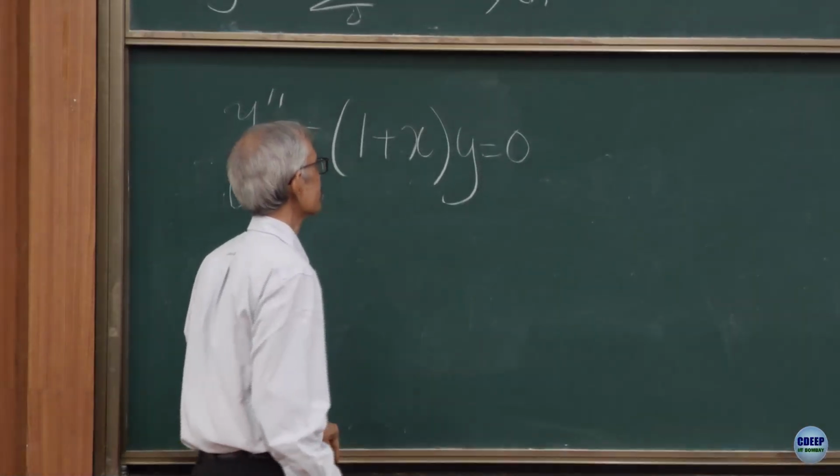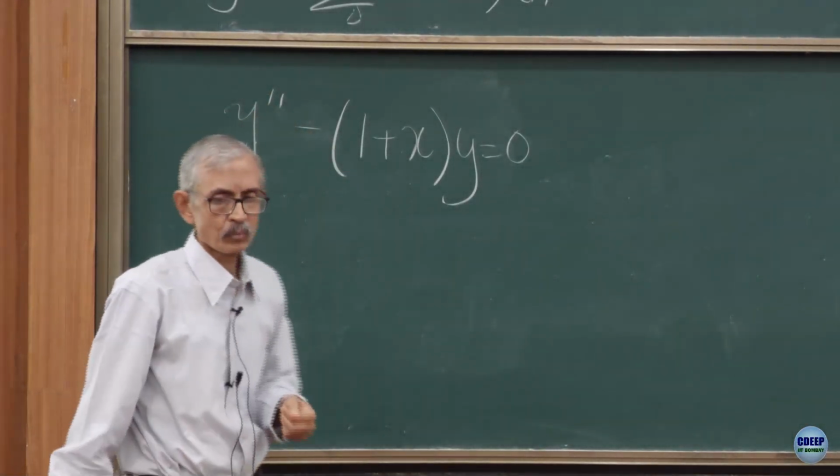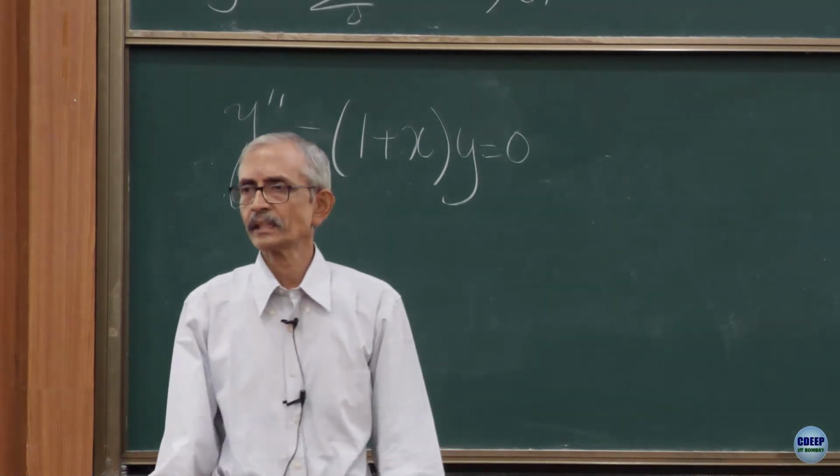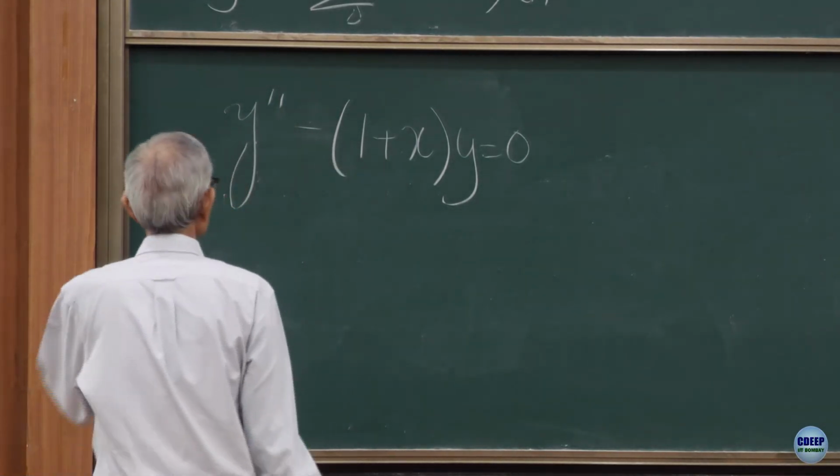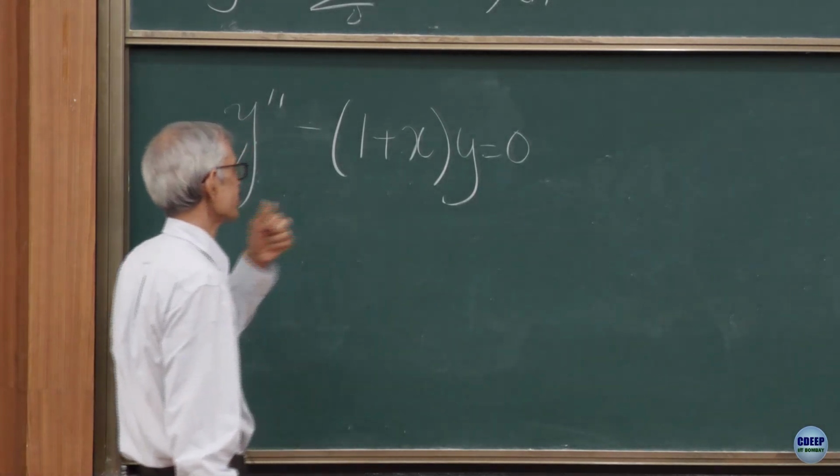So we have hypothesized that y equal to Cn x to the n is going to be a solution, and we plug that into this differential equation.